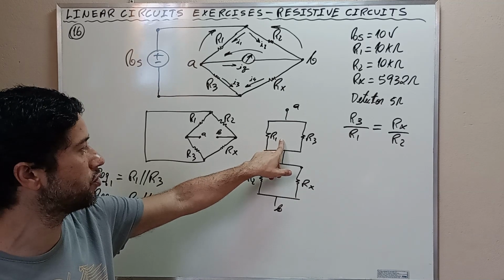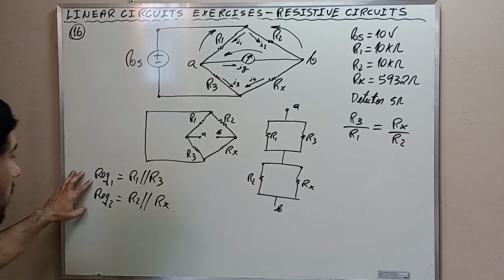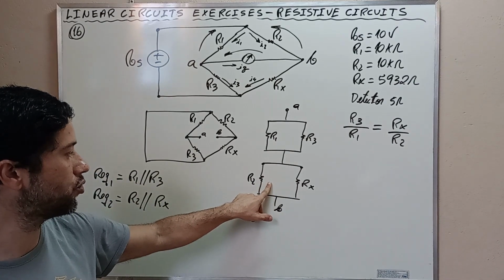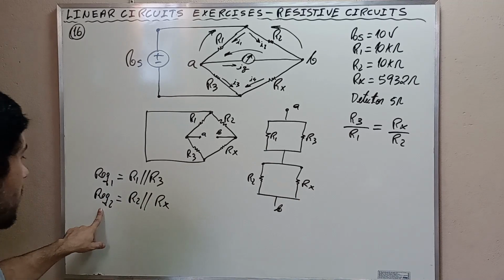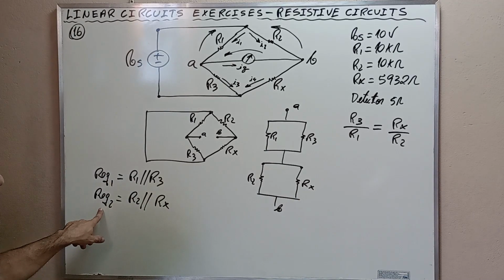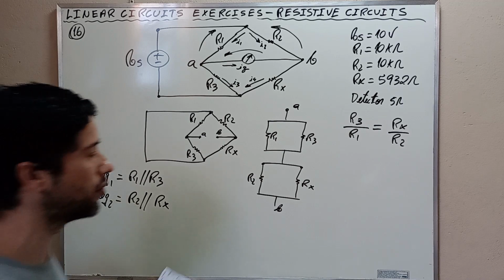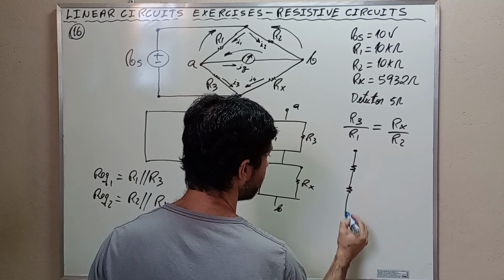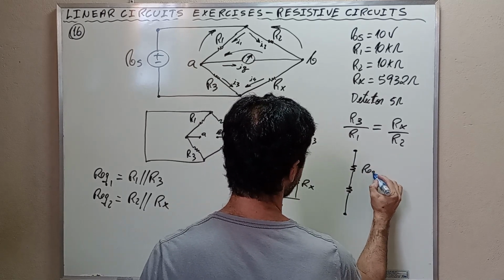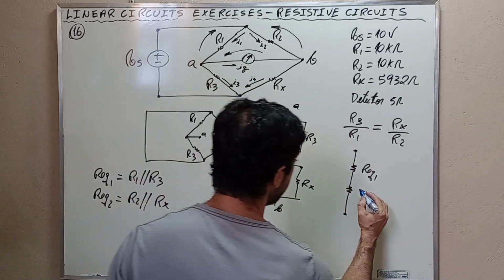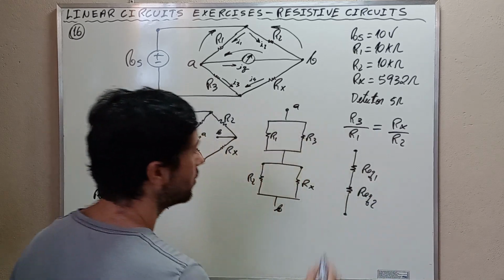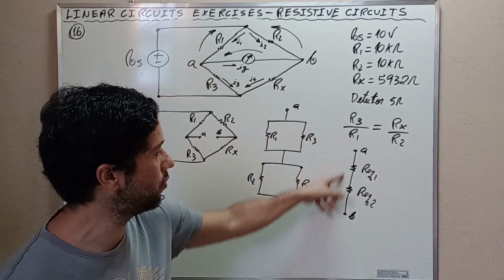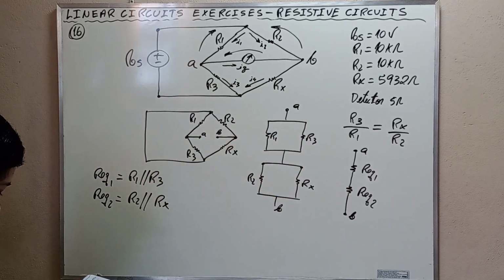And observe that they are in series. They are in series like this, okay? So this is equivalent resistance number 1, and this is equivalent resistance number 2, and this is terminal A, and this is terminal B, and they are in series, okay? Alright?